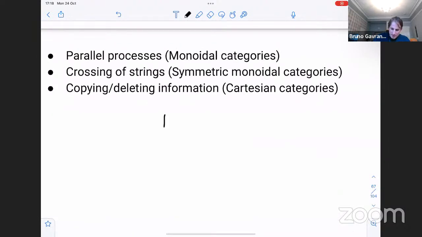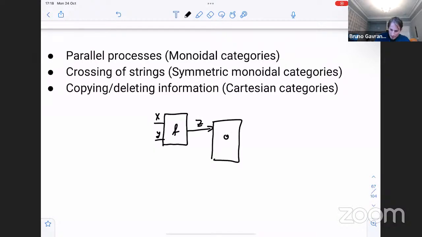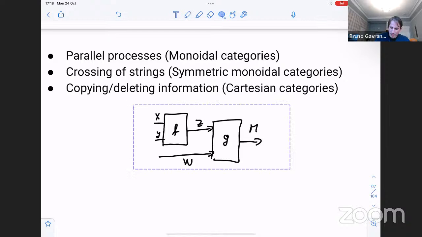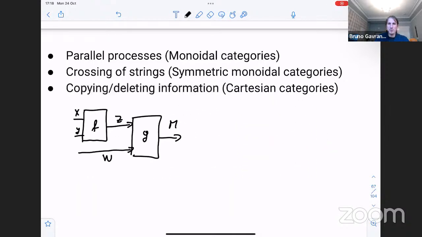So let's say I have a diagram like this that I've written in some monoidal category. There is a map F, which produces a Z, and then I have another arrow that takes a W and produces M. So this is a string diagram that I've drawn for a monoidal category, and the way we would draw it as an equation would be as follows.